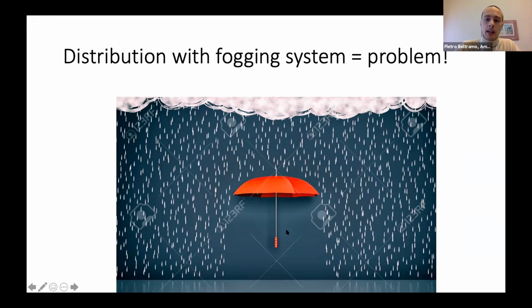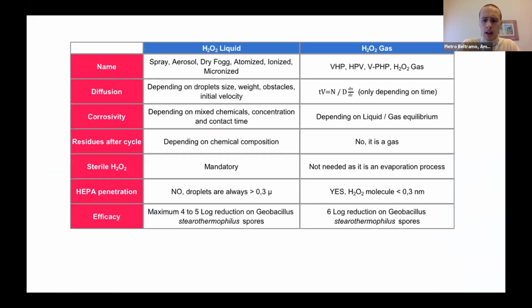That doesn't happen with the gas, because the gas has a different movement in the air: it works with Brownian motion. It's a molecule which is very, very small, less than a nanometer. Therefore, the movement is Brownian motion, so it's moving by itself.